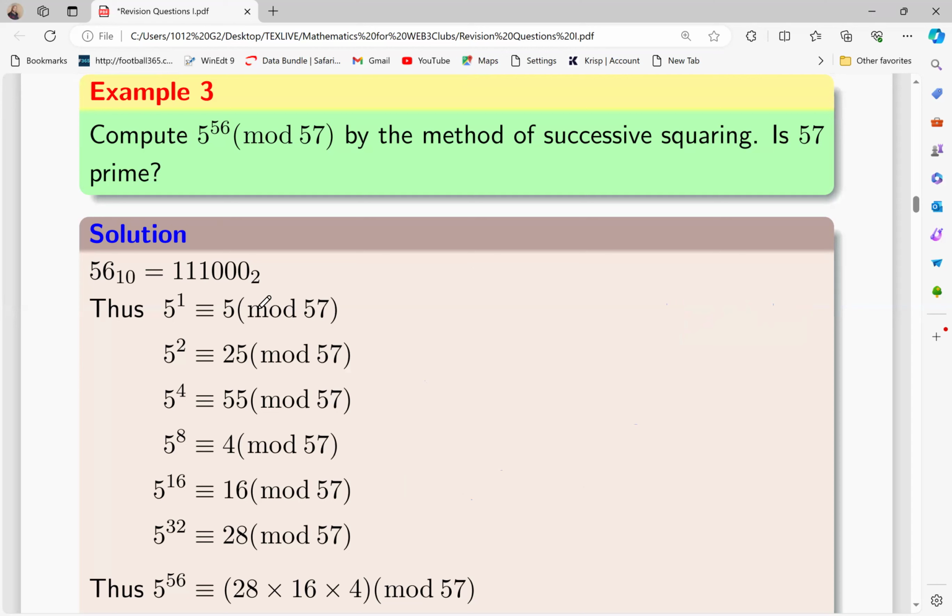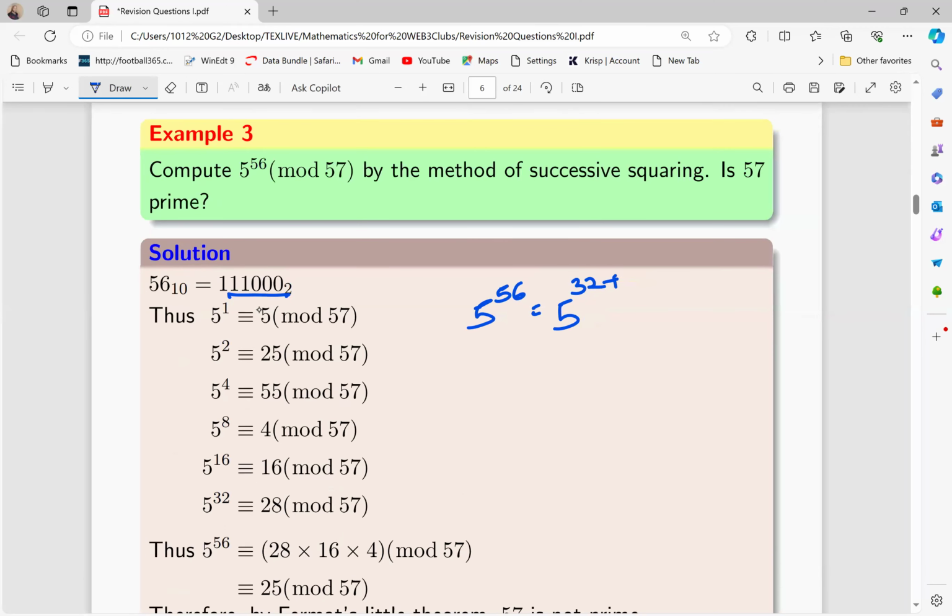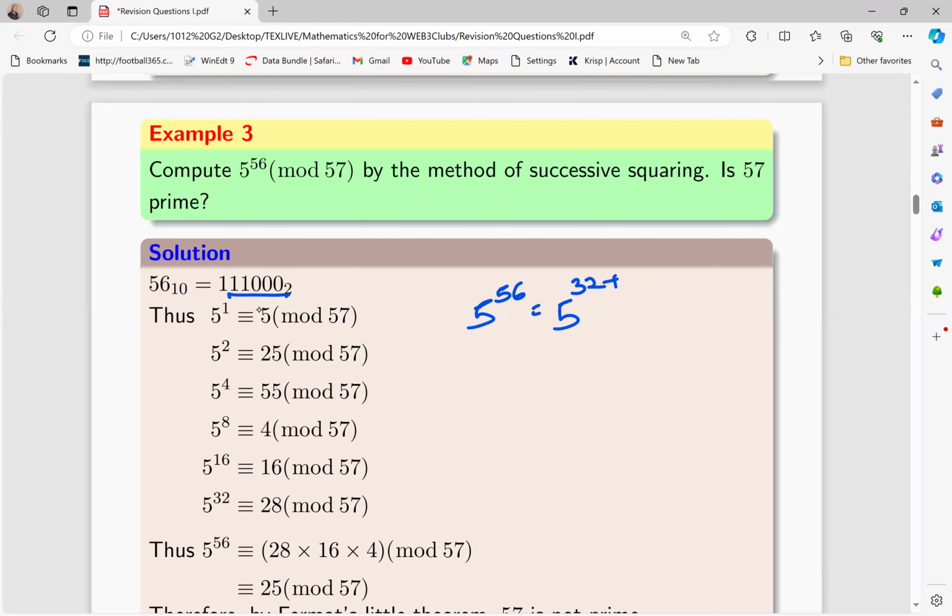So we have 5 raised to 32 plus... so we pick the ones that have the 1, 1, 1.